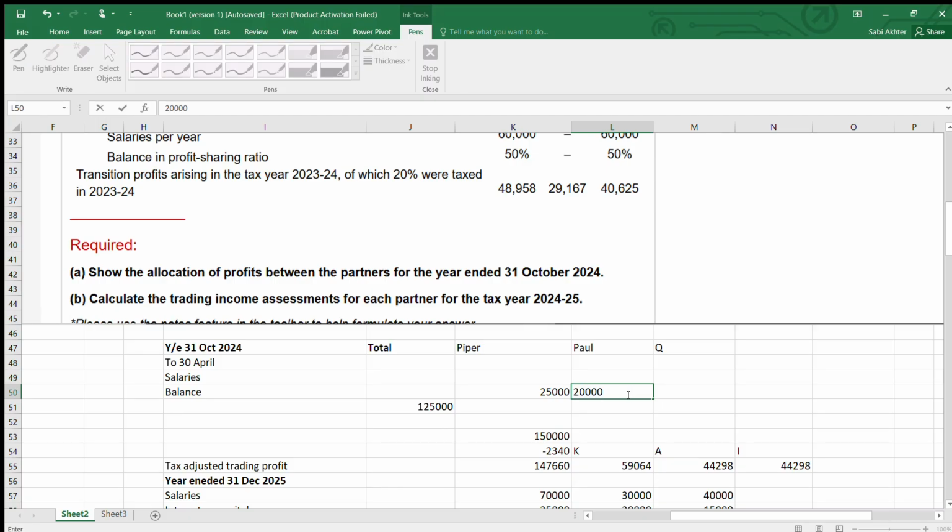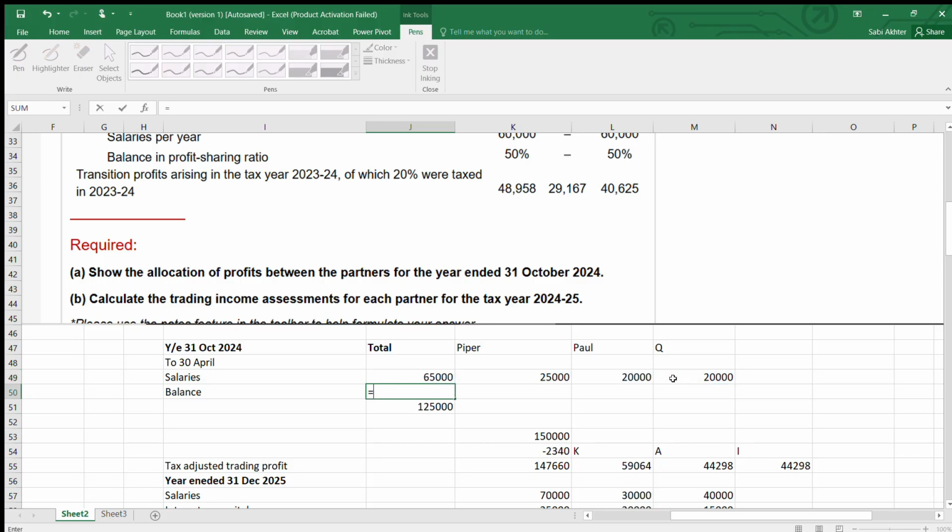So for half, it's 20,000 each. So here, just the sum of this three.